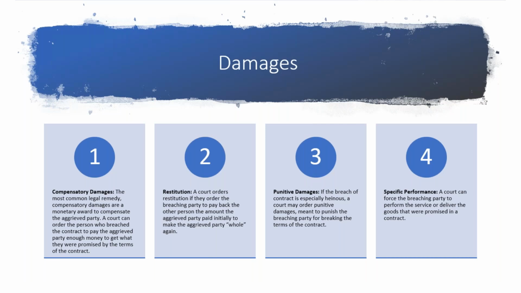One of the damages is compensatory damages, a legal remedy where a court can order the person who breached the contract to pay the aggrieved party enough money to get what was promised in the terms of the contract. Then there's restitution.